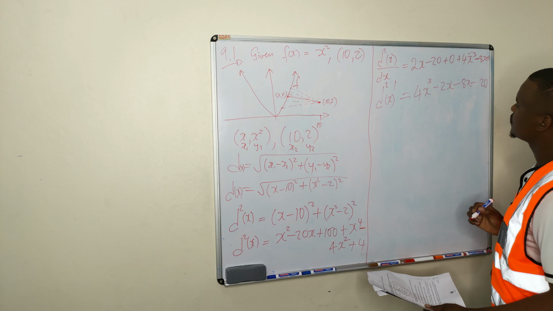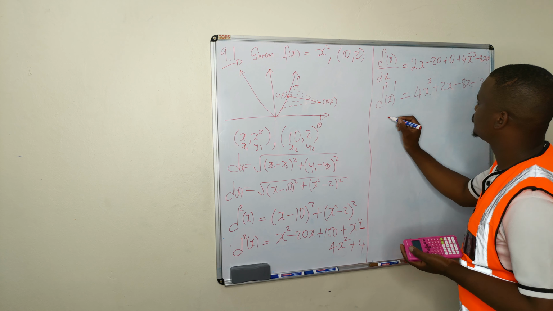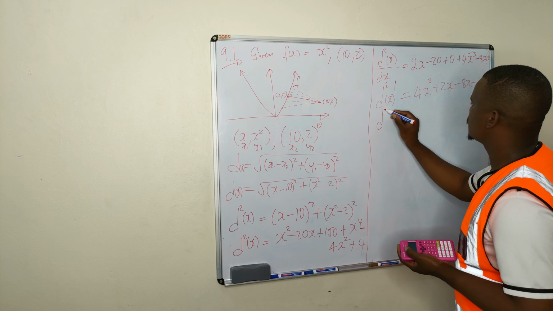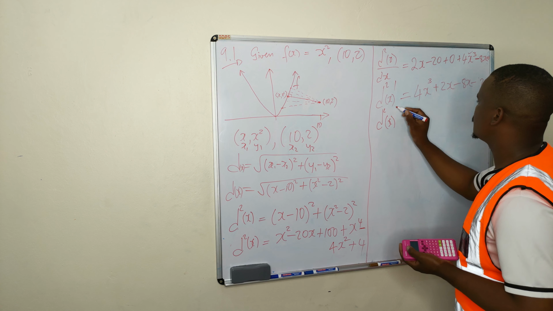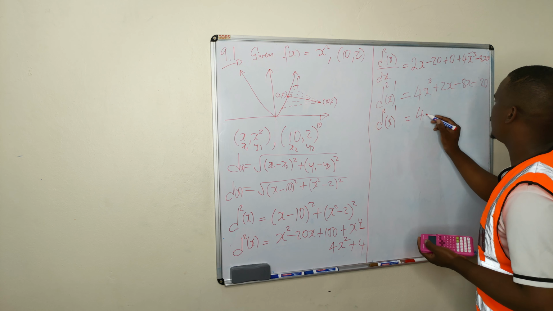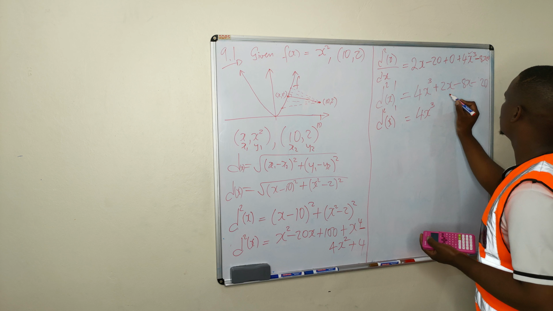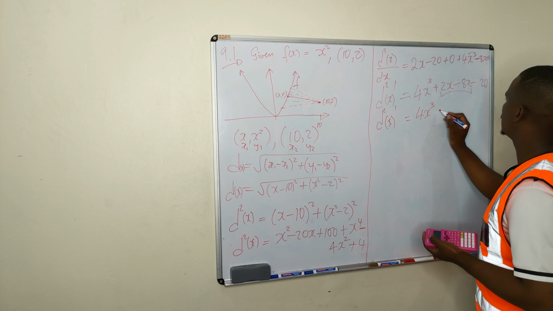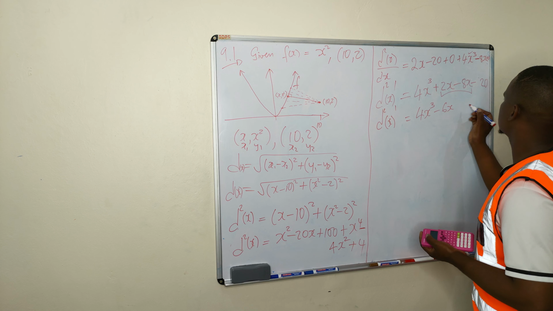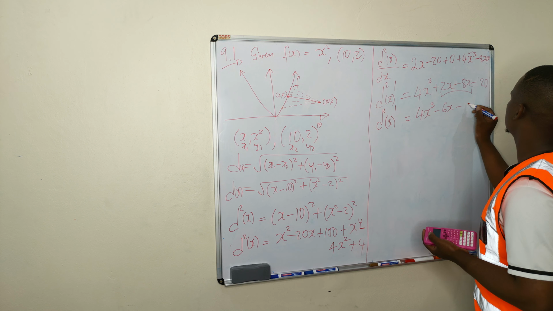This is what we have. So we have d squared of x prime is equal to 4x cubed, then these two, minus 6x minus 20.